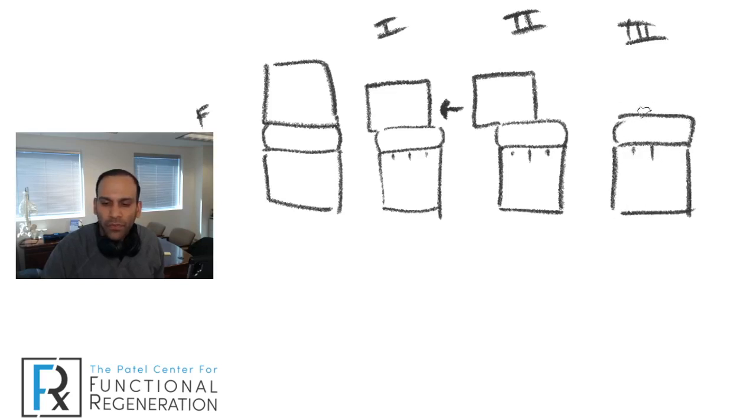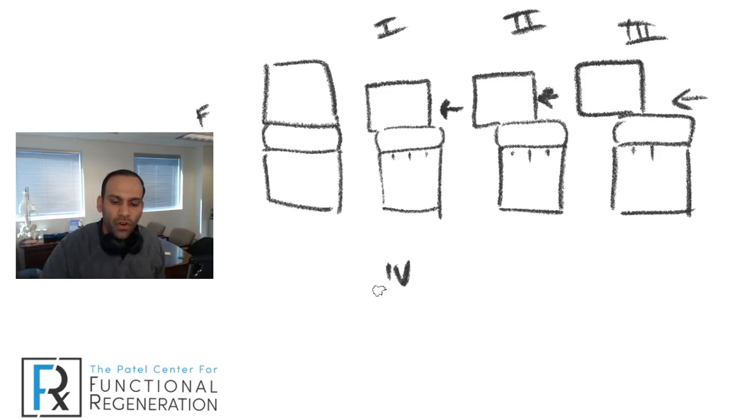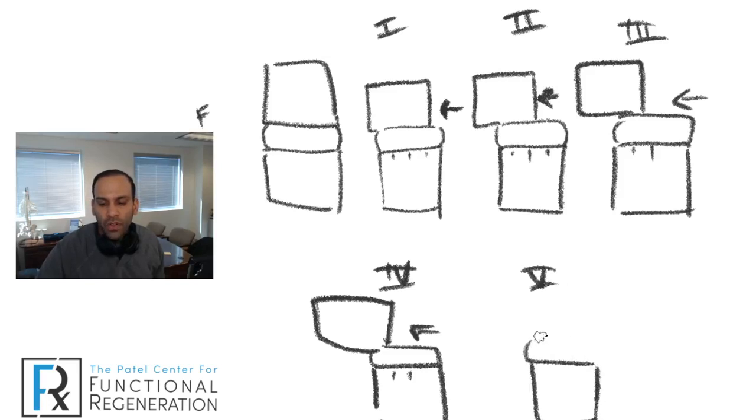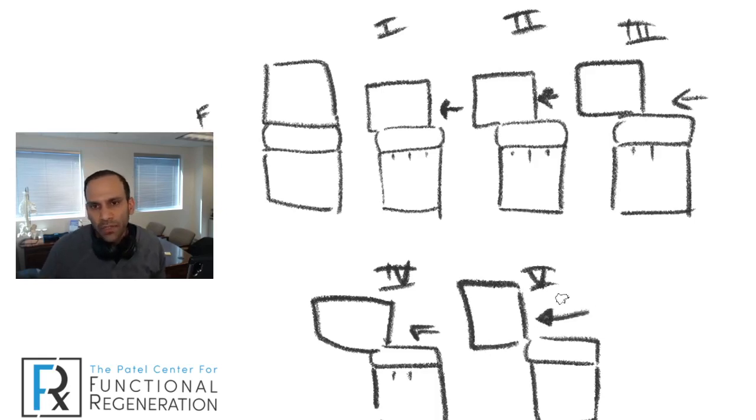Right. Starting to get a little scary. Grade 4 is 75 to 100%. And grade 5 is actually over 100% slippage, and that is something that is associated with major traumas.